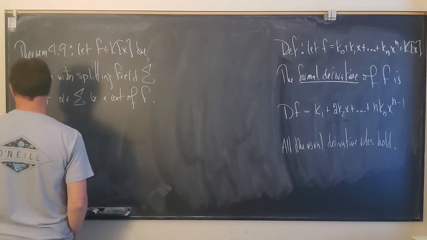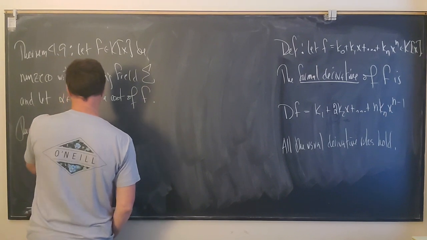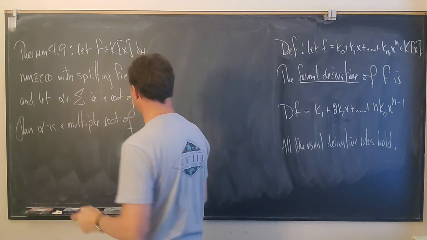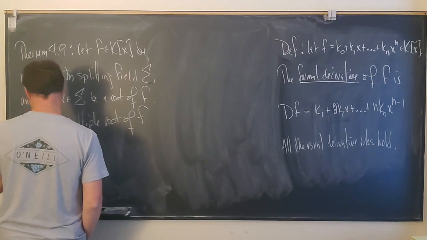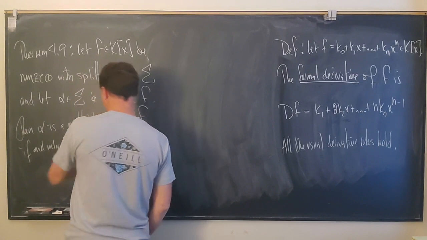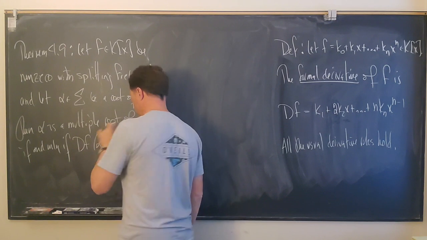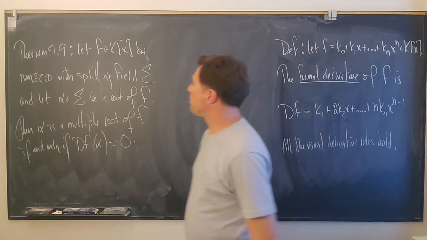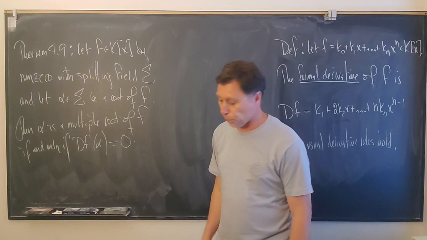Then alpha is a multiple root of f if and only if the derivative of f at alpha equals 0. So you've got a multiple root of a polynomial if and only if alpha is a root of the derivative.